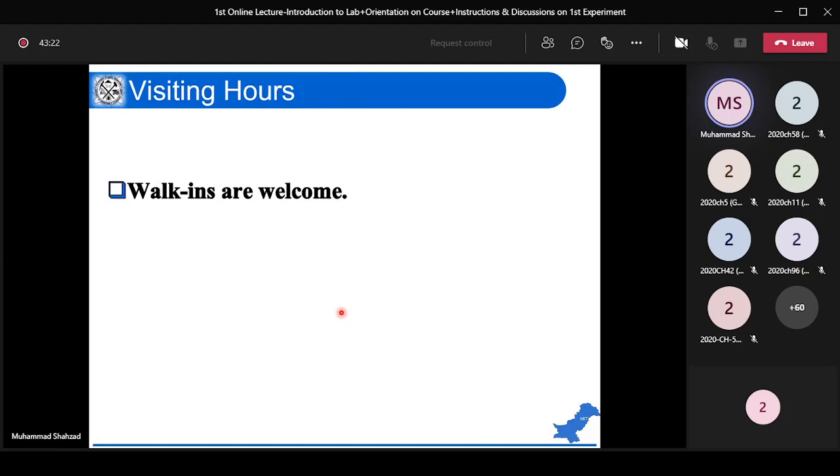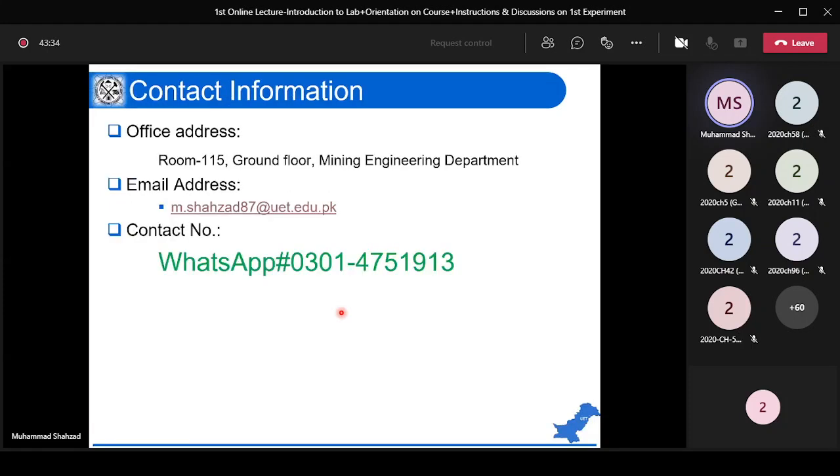So there are two doors of my office, one is connected with the lab. You can come to my office anytime during the official hours, obviously between 8 to 4. Other than that, you can also contact me on my WhatsApp number. Please don't call, just text me whatever the problem is. I will reply sooner or later. Sometimes I'm busy, so I see the message and reply later.